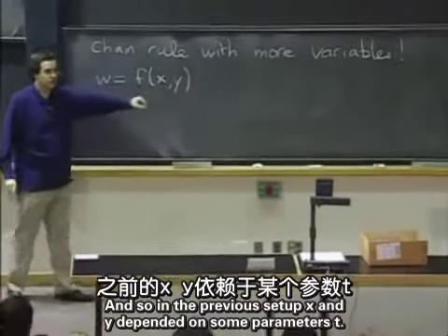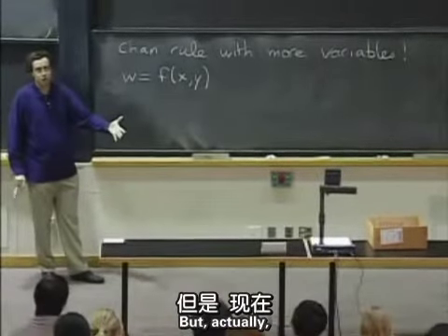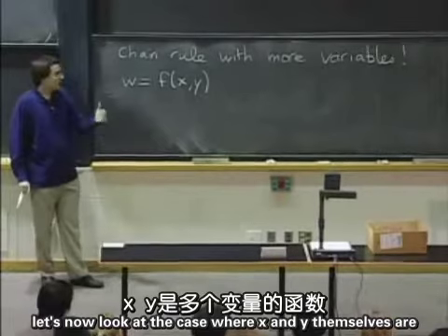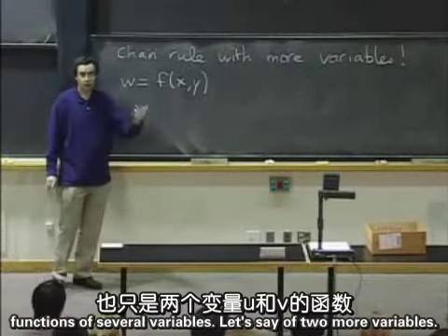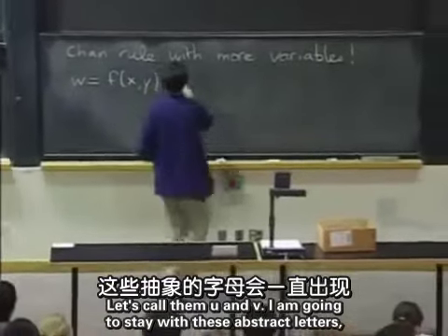In the previous setup, x and y depended on some parameter t. But actually, let's now look at the case where x and y themselves are functions of several variables, let's say two more variables. Let's call them u and v.